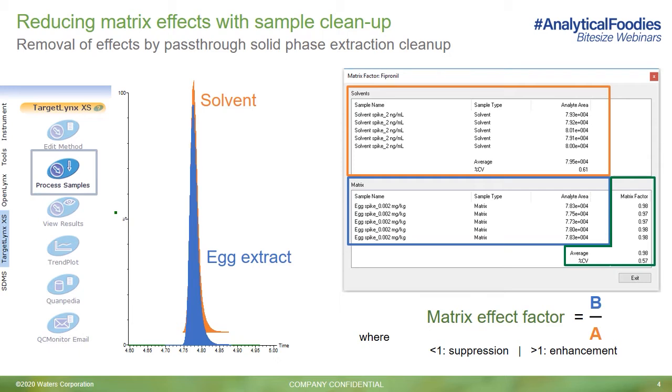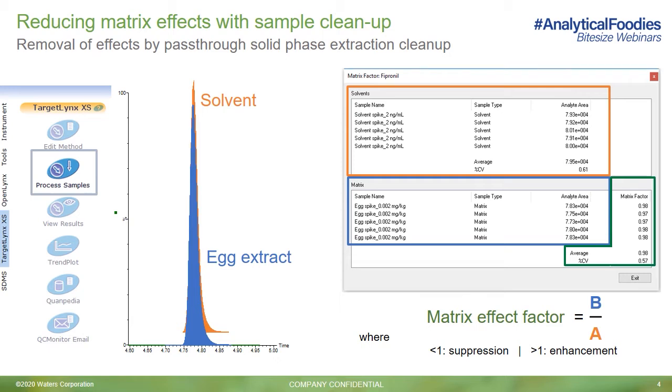Of course, this reduces matrix effects, but it can also have a positive impact on the lifetime of the analytical column, the injector, and reduce the frequency of routine maintenance. In this example of fipronil in eggs, we've applied a solid phase extraction cleanup by simple pass-through using Oasis PRiME HLB. It should be noted that we've determined analyte recovery separately to the matrix effect study we're discussing here.